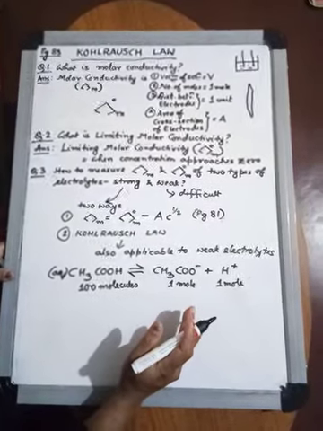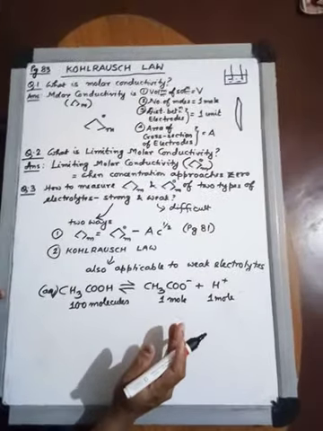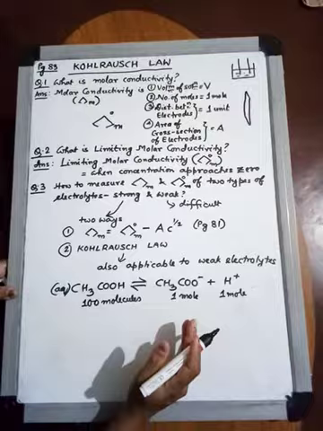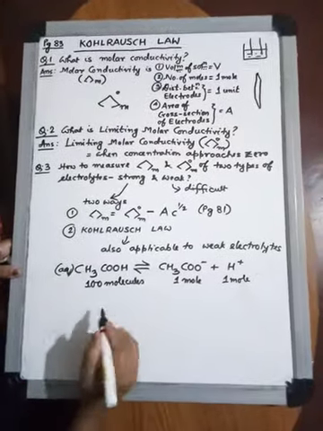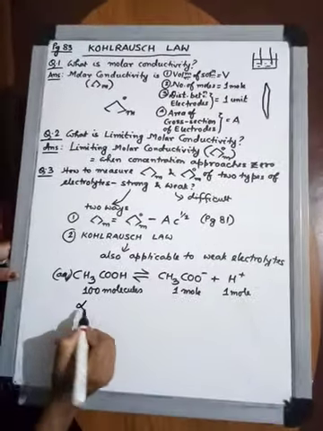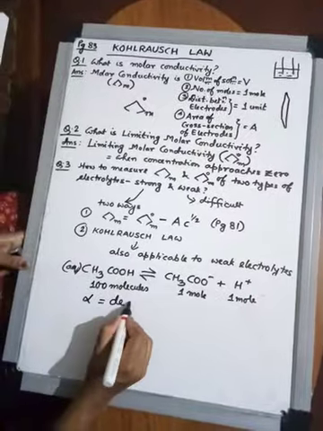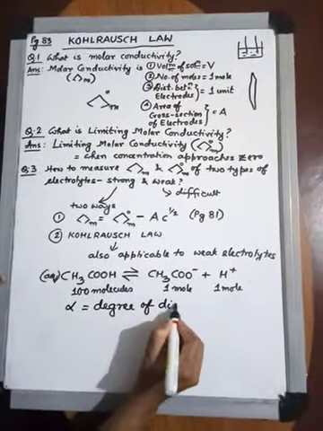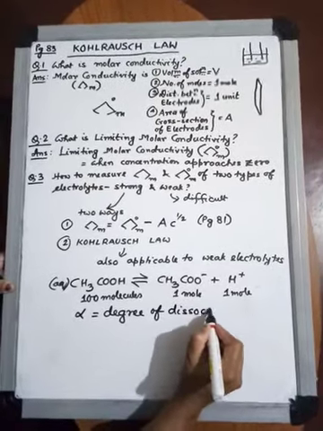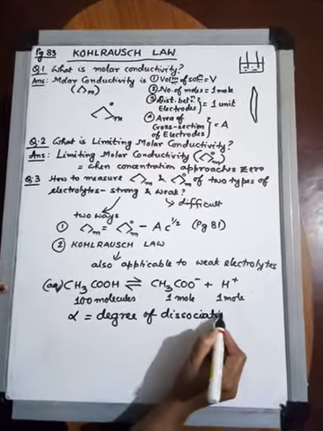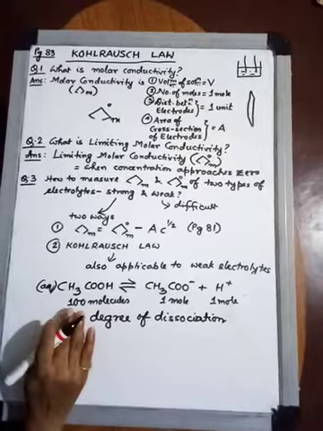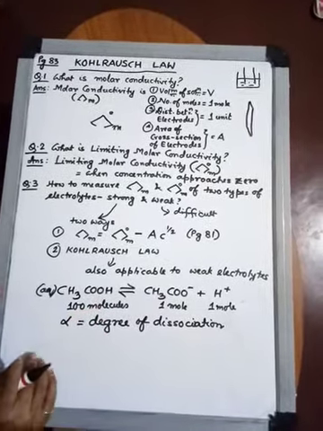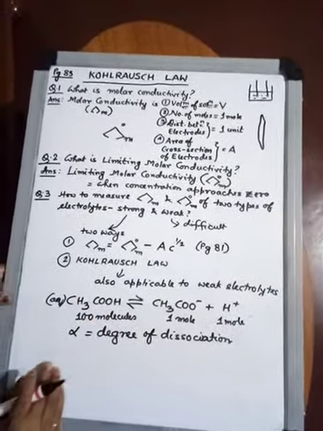So you can see in page 83, continued in page 84, you will find that you are coming across a term called alpha. Alpha is the degree of dissociation. Degree of dissociation means how many are dissociating when we take a certain concentration of that particular electrolyte.